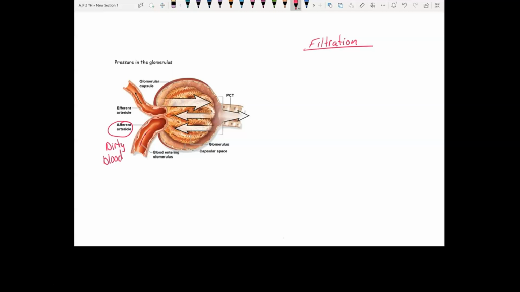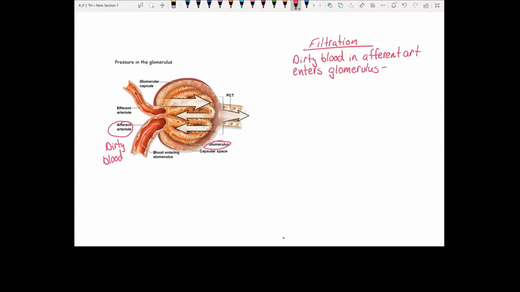It comes in like this, and it goes into the glomerulus. Now we are going to push small molecules out.